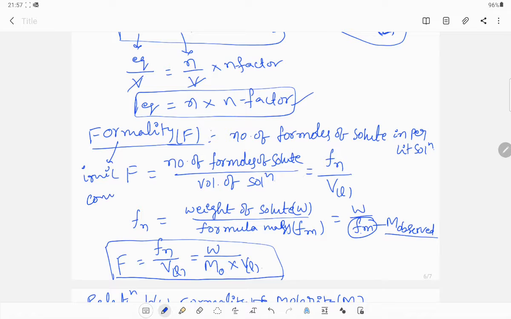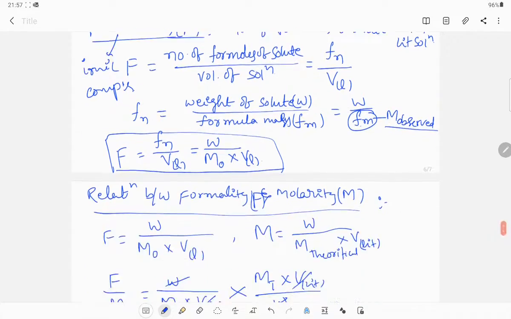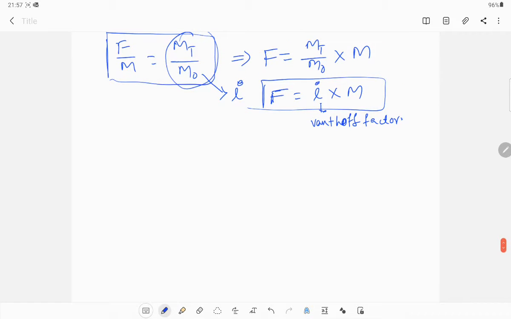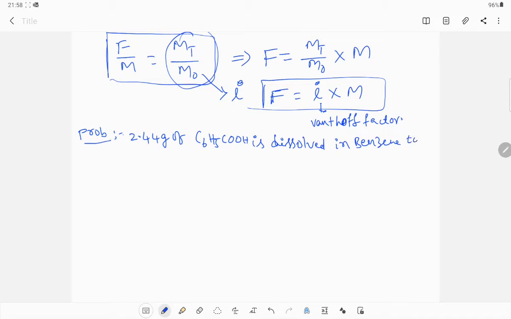Okay. Next, one small problem we will discuss about formality. 2.44 grams of benzoic acid, C6H5C double bond OH, is dissolved in benzene to form 500 ml of solution.